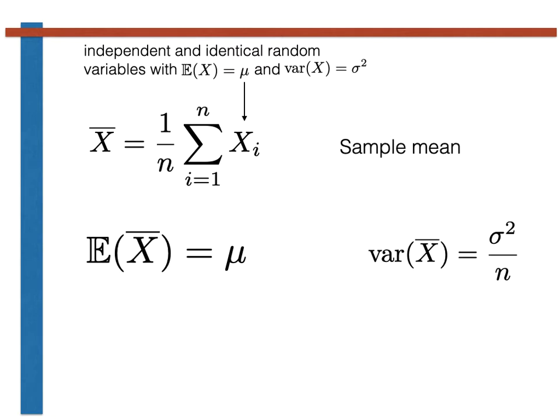In other words, the variance for the sample mean is equal to the variance for the underlying random variables divided by the number of random variables that were added together to generate the sample mean, as long as all of the underlying random variables are independent.